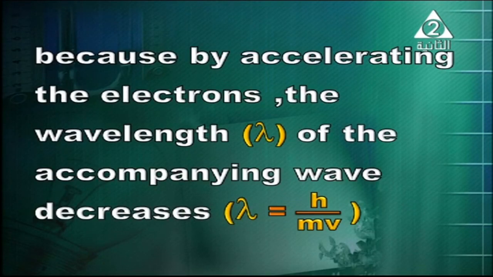Because by accelerating the electrons, the wavelength of the accompanying wave, lambda, which is equal to h over mv, decreases. m is the mass of the electron and it is constant. By increasing the velocity, increasing v, lambda decreases, and in this way high magnification is obtained.